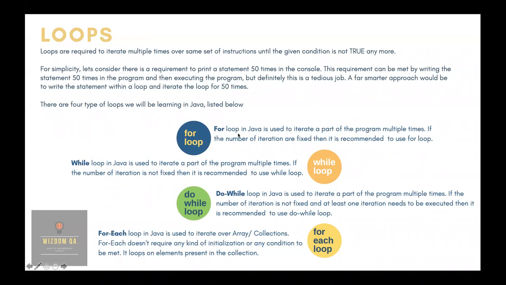It says a for loop in Java is used to iterate a part of the program multiple times. If the number of iterations is fixed, only then the for loop is recommended. If the total number of iterations is already predefined, if you know how many times you want to execute a loop, only then you go ahead and use a for loop.